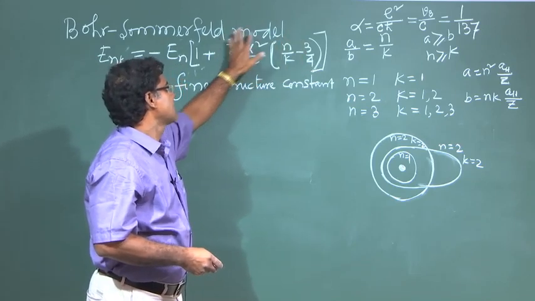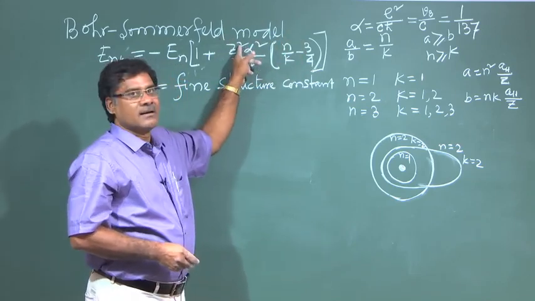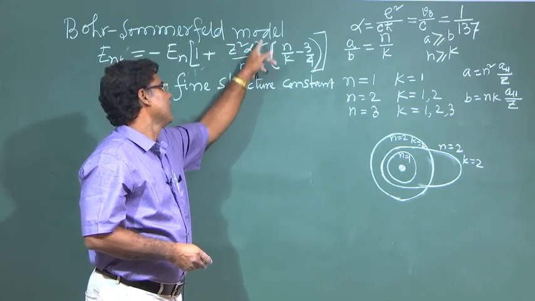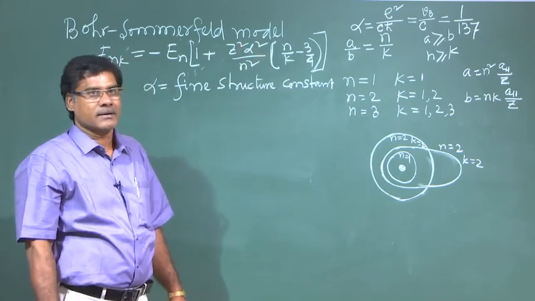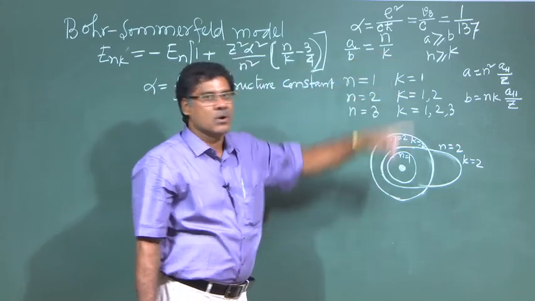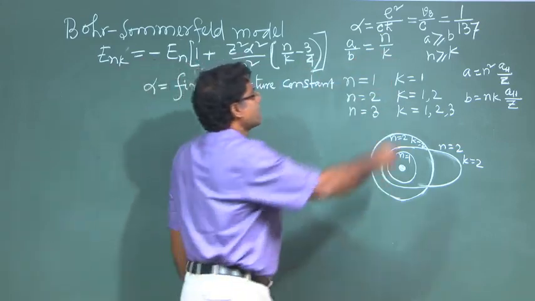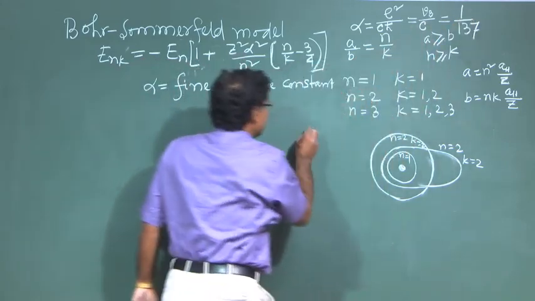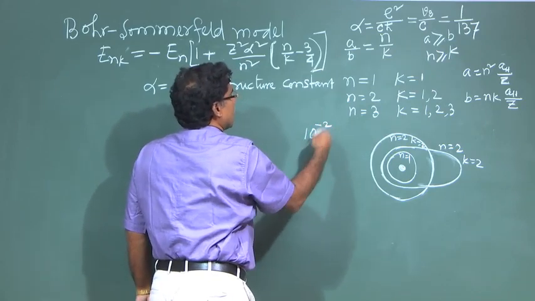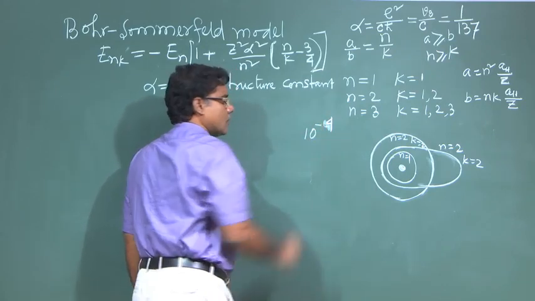And this value depends on alpha square. Alpha square is very, very small. You can say alpha is about 10 to the power minus 2, so its square will be 10 to the power minus 4.